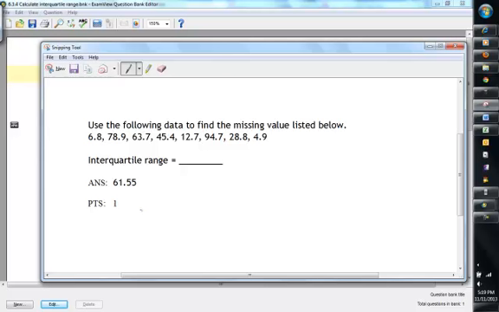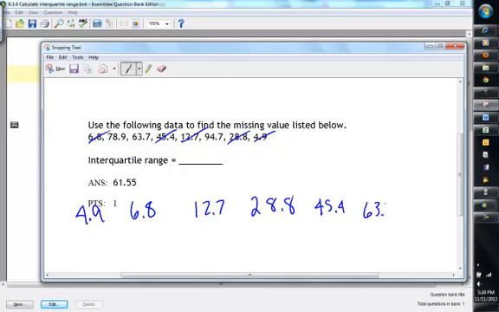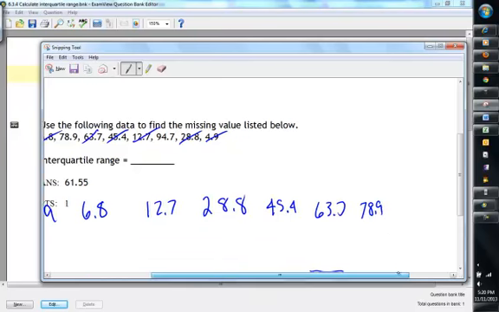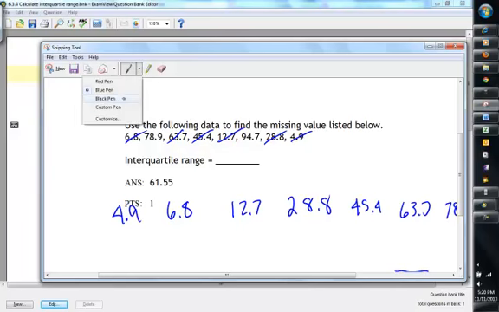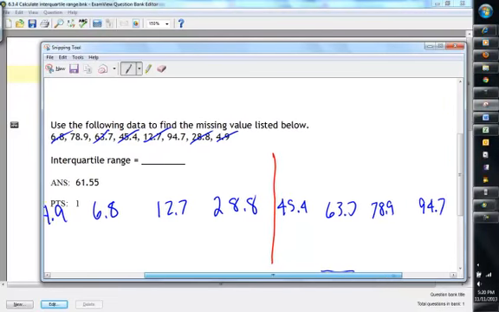The data is 4.9, 6.8, 12.7, 28.8, 45.4, 63.7, 78.9, and 94.7. So the first thing we do is find the middle, but we don't actually have to find the middle. It's right between the 4th and the 5th items.